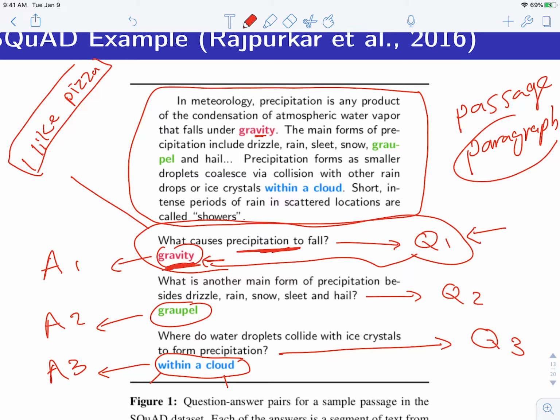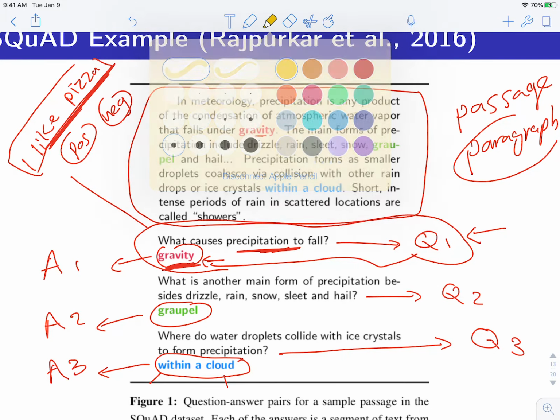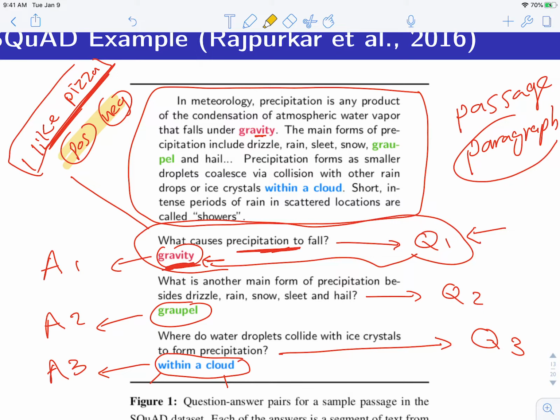In the case of sentiment analysis, I need to understand the sentence in order to know whether it's positive or negative. So let's say this answer here is analogous to the labels, and this question here is what we need to understand, so it's analogous to the sentence I wanted to understand.